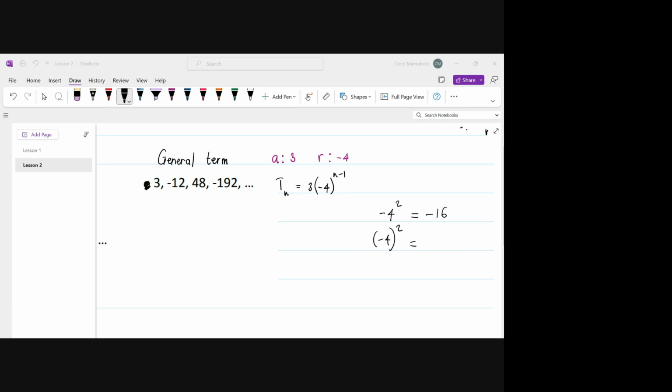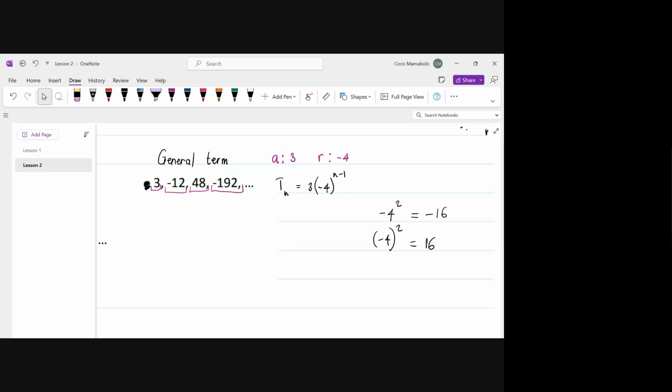Now, if you look at our sequence over here, the numbers in the pattern are alternating positive and negative, right? This first one is positive. The next number is negative. The next number then needs to be positive, and the next number then needs to be negative.